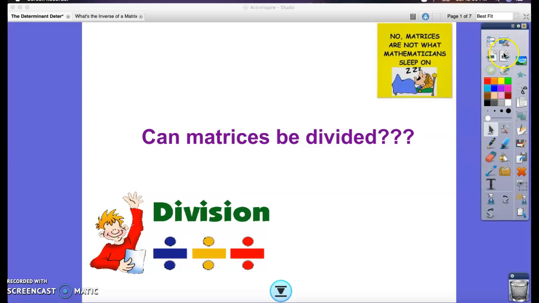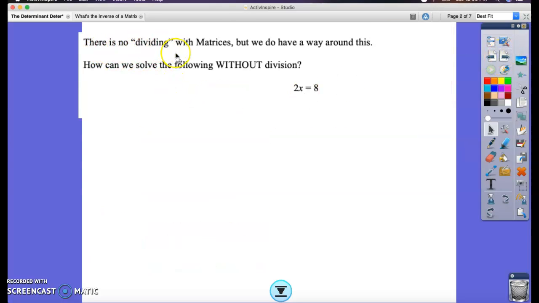All right, so there actually is no dividing with matrices, but we do have a way around this. So I want to look at the problem 2x equals 8, and I want us to come up with creative ways of how we're going to solve this. If I told you that you cannot just divide by 2, what would you do to get rid of this 2?